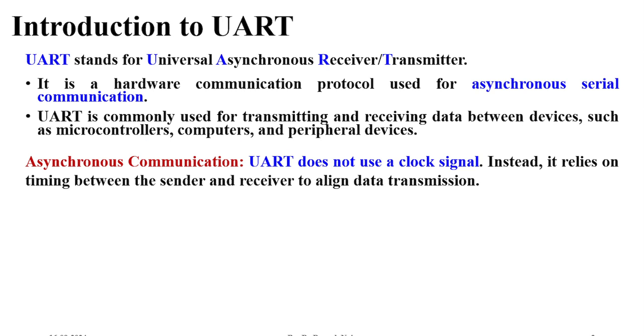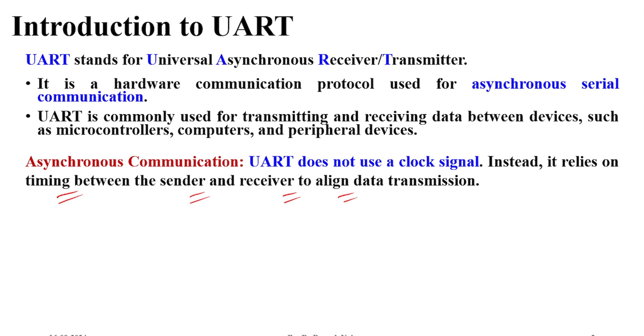Like I said, the word asynchronous here represents that the UART protocol does not use a clock signal. Instead, this communication protocol relies on timing between sender and receiver to align data transmission.